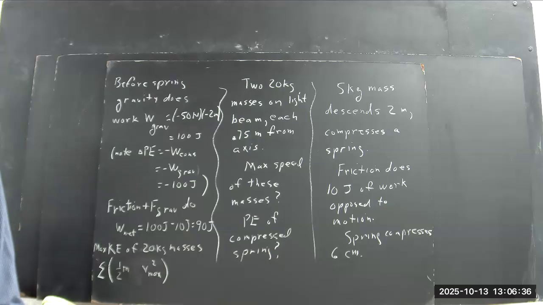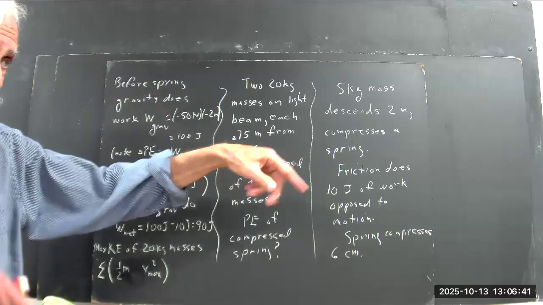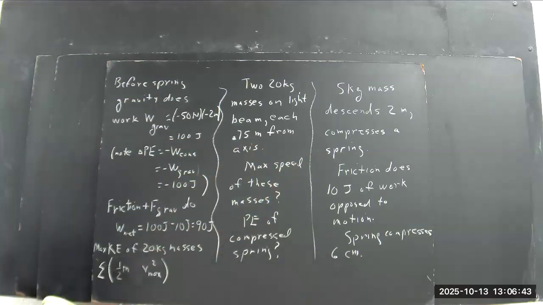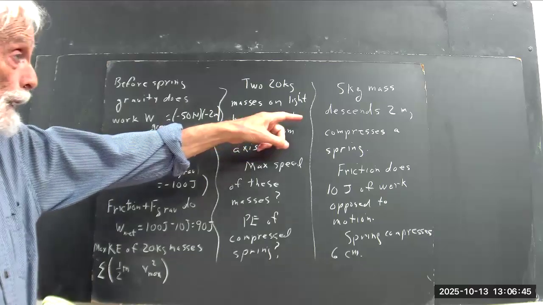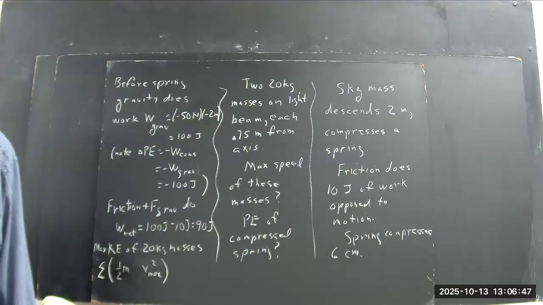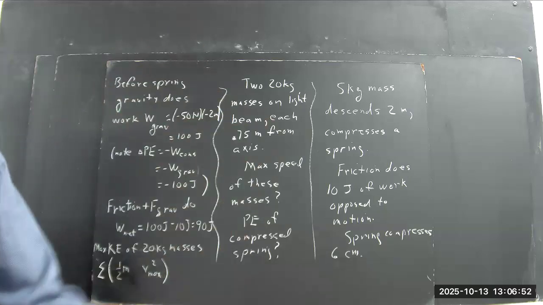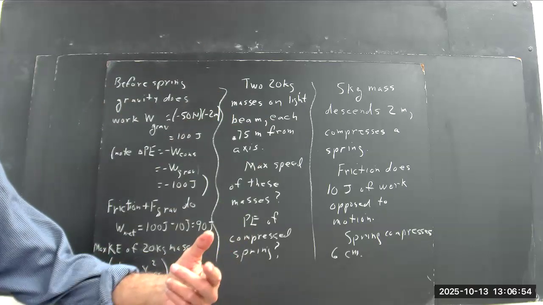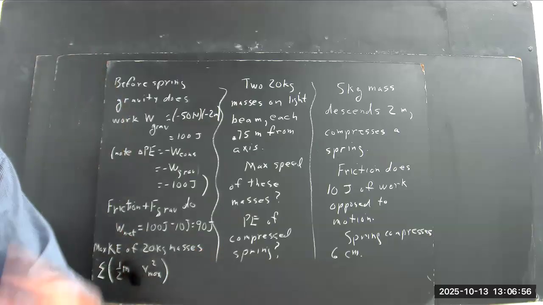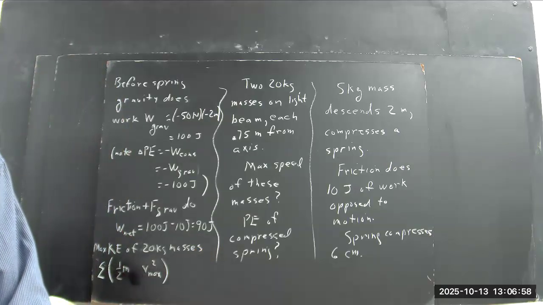Why do I say that? Because the 20 kilogram masses are going to be rotating about an axis where the 5 kilogram mass is moving downward. You know from experience that the masses on that beam will tend to move a whole lot faster than that descending mass. That descending mass moves very slowly.